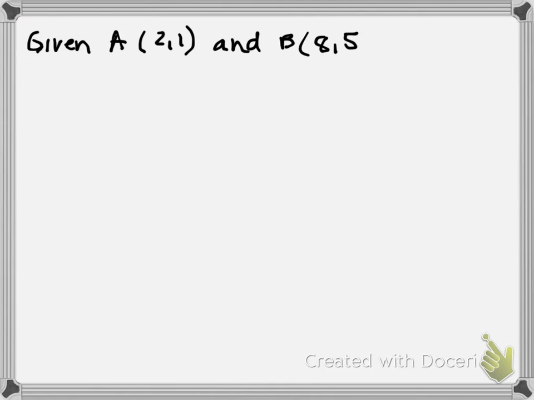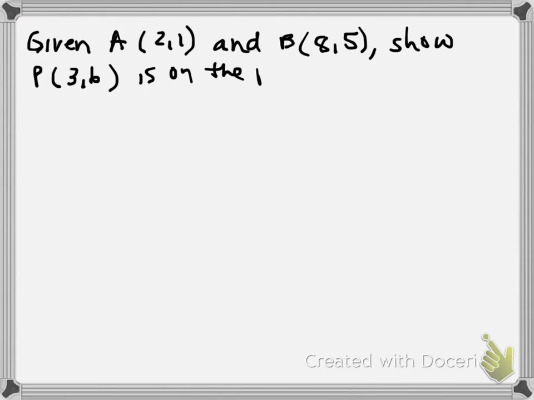This one says, given A is at 2, 1, and B, which is at 8, 5, show that point P, which is at 3, 6, is on the perpendicular bisector of segment AB.